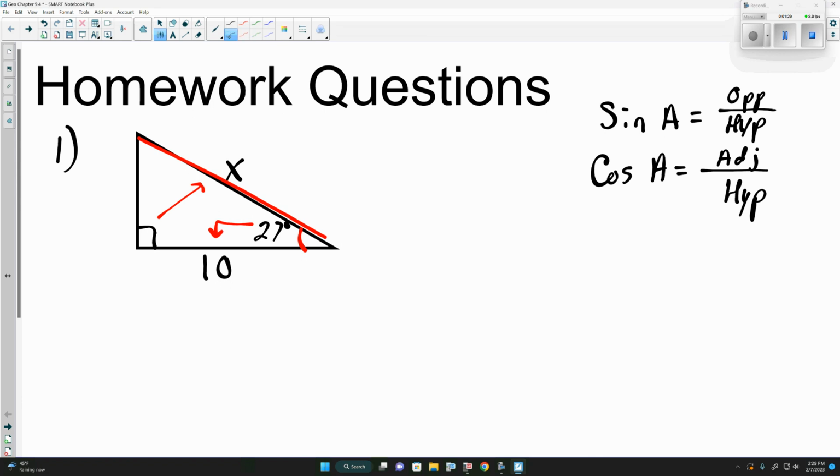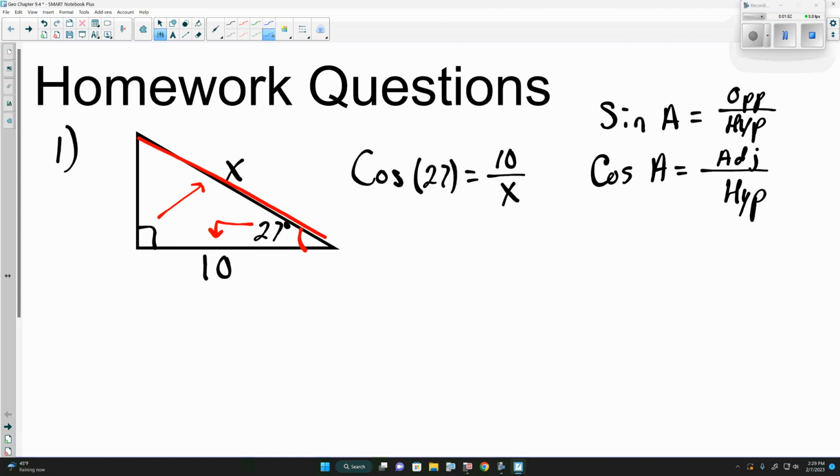Adjacent. So that means we're using cosine, because cosine is adjacent over the hypotenuse. So we're saying cosine of our angle, 27 degrees, is equal to the adjacent side over the hypotenuse, 10 over x. So we get it set up.